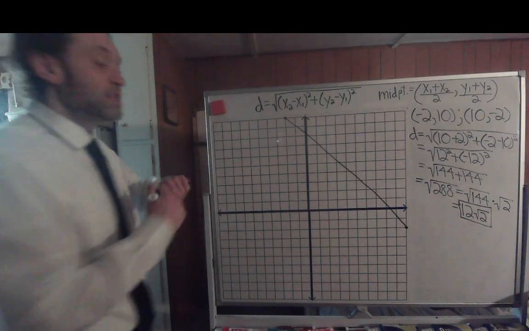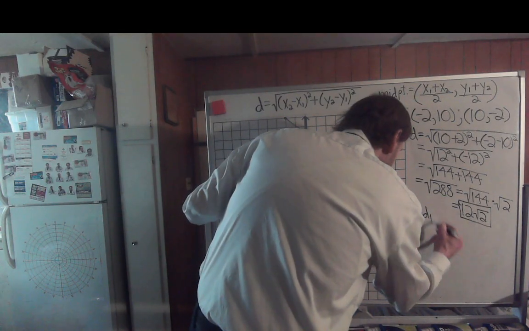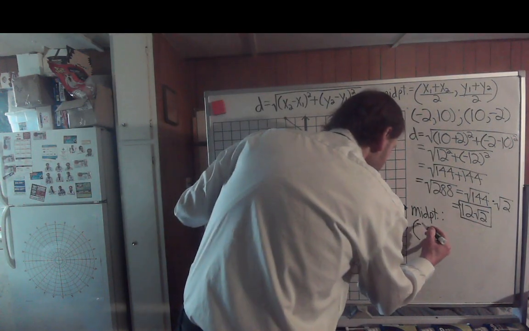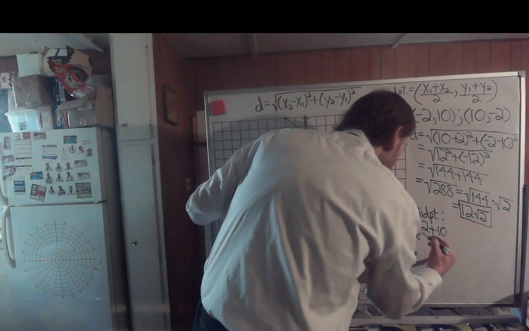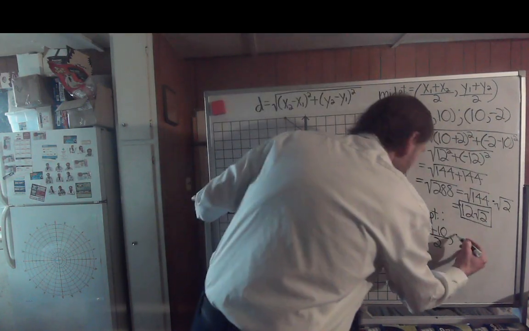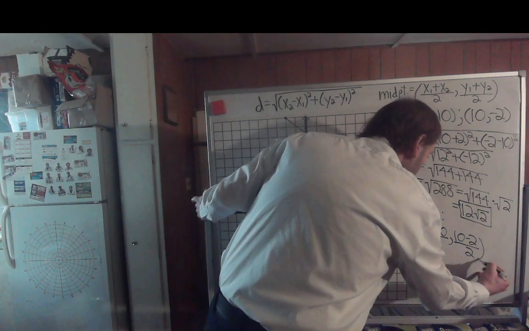Okay, now let's find the midpoint. So to find the midpoint, I'm going to take my x1 coordinate of -2 plus my x2 coordinate of 10, divide that by 2, then take my y1 coordinate of 10 plus my y2 coordinate of -2, so 10 minus 2 divided by 2.